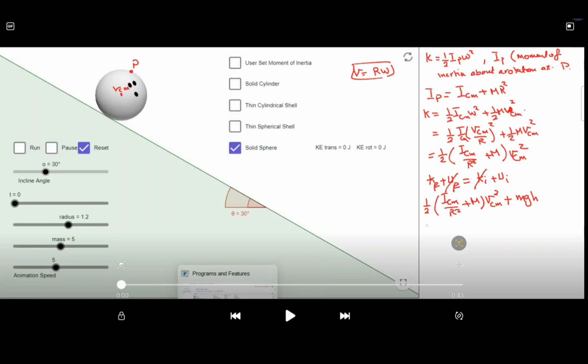Rearrange this one here, you will find that V center of mass equal to (2gh over 1 plus I center of mass over m r square) to the power half. Once we find the V center of mass here, we can find the translational kinetic energy and the rotational kinetic energy.